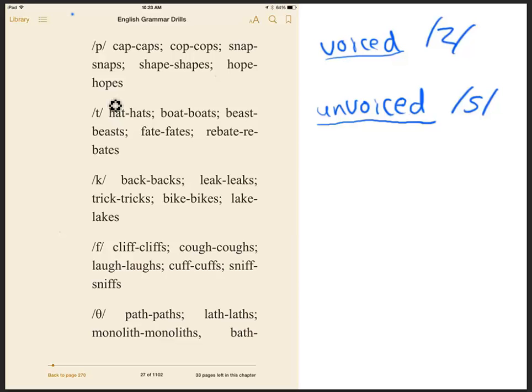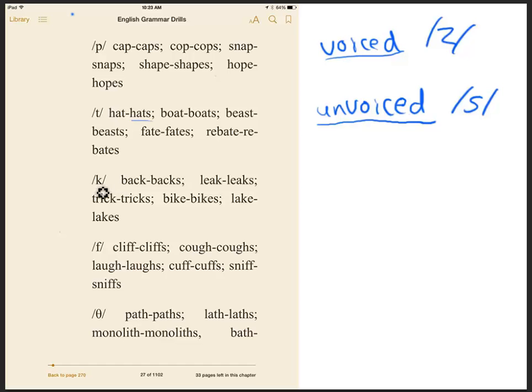Okay, so let's take a look at what we have over here. The cap. If you notice the final P, no voice comes out when you say the P. It's just the P sound. So we pronounce the plural caps. I'll just go down. The T sound has no voice, just the T, and then the plural would be hats.